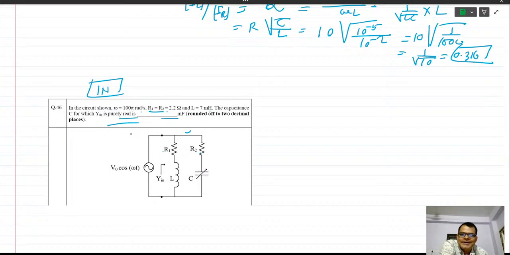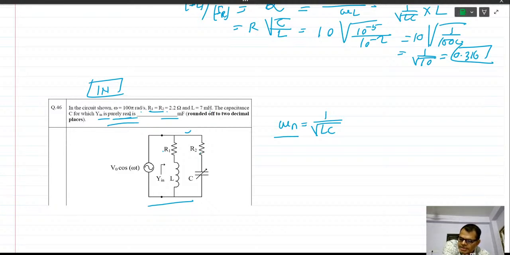Yes or no? Even though you don't remember case 1, case 2, just write omega n is equal to 1 upon root LC. Why am I writing omega n? Because it says that Yin is purely real. What do you mean by purely real? Purely real means the circuit is in resonance.